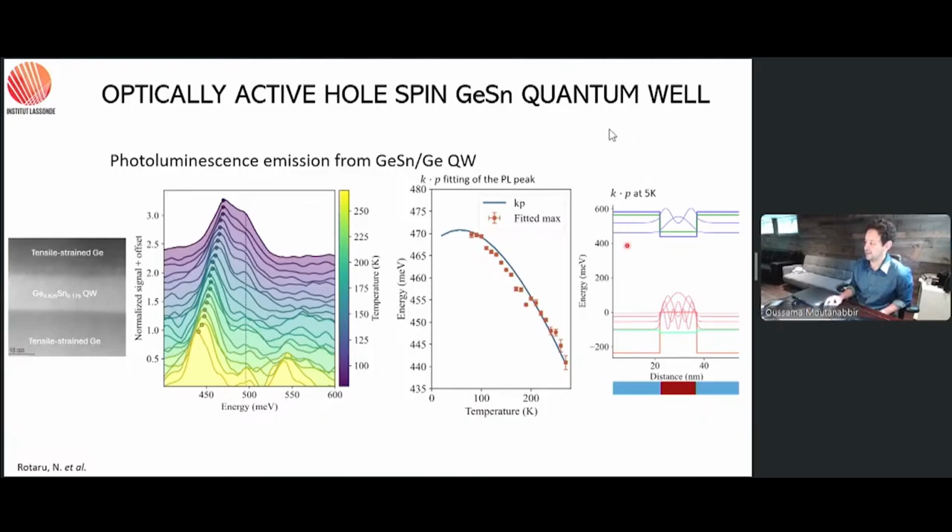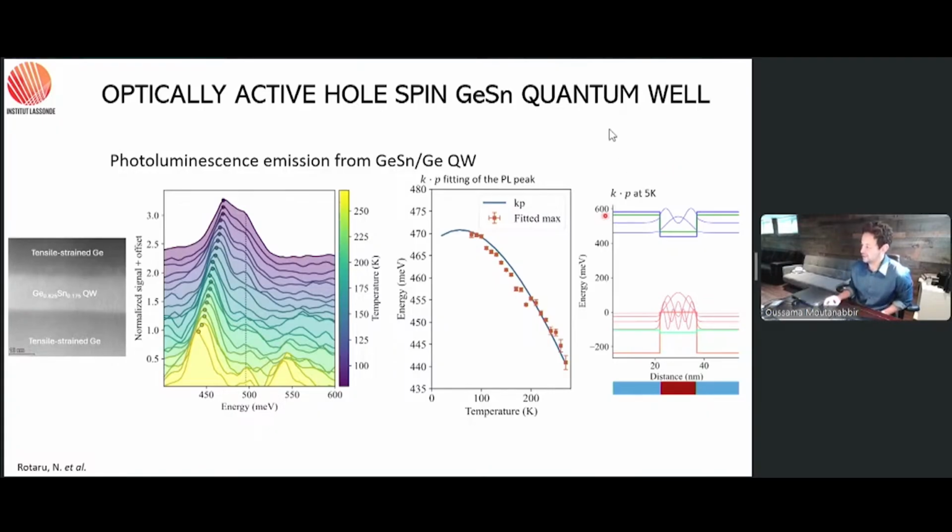We are still figuring out how we can prove that we have electron transport as well. We did some Hall bars on this, but the mobility measurements are not yet conclusive. It's a little bit tough because we have combined effects from holes and electrons. But next time I will have more data in that regard.